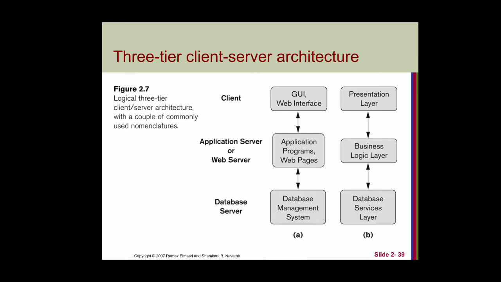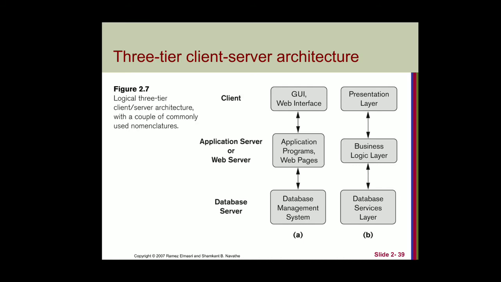This is a logical three-tier client-server architecture with a couple of commonly used nomenclatures. You can see here we have three layers. At the top we have the client, in the middle we have the application server or the web server, we can call it anything, then we have the database server. Whenever a client requests information from a database server, there is no direct connection between client and database server.